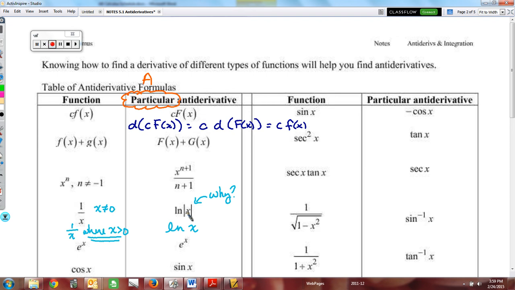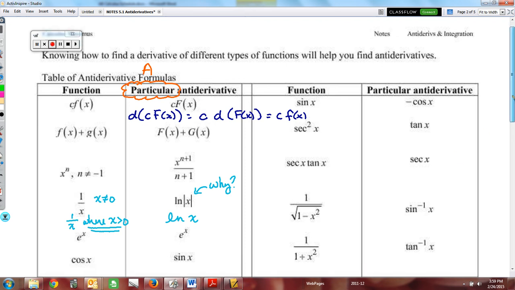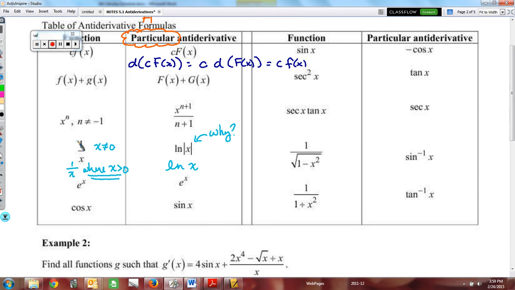In order to do that, I've got to make the domain of the antiderivative match the domain of the derivative. And we put the absolute value bars in, because that allows us to take the log when x is negative, because it turns it into a positive. And that's something you do want to remember when you are doing the antiderivative of 1 over x. It's natural log of absolute value of x.